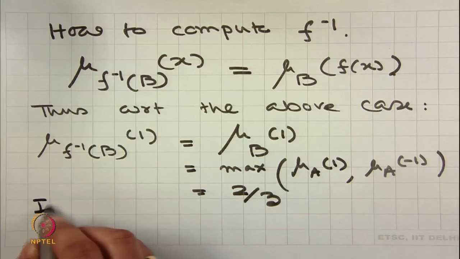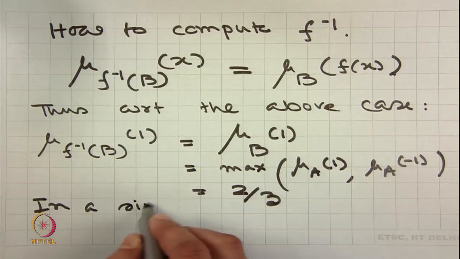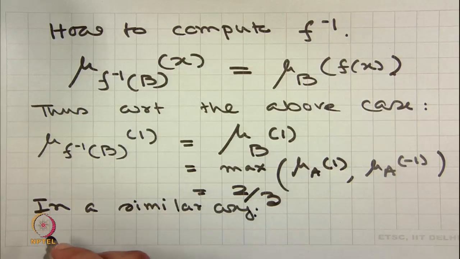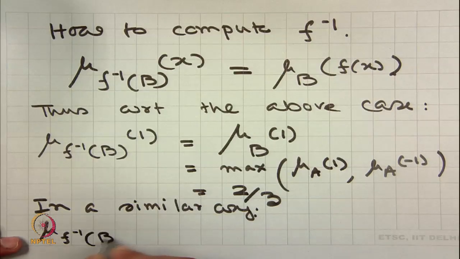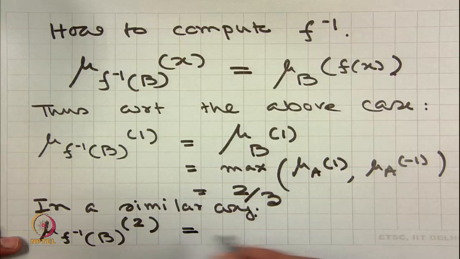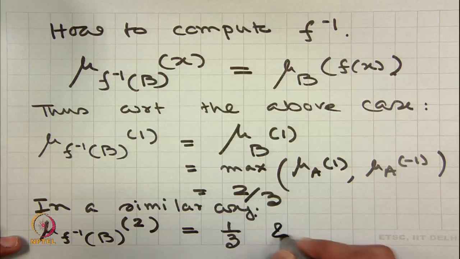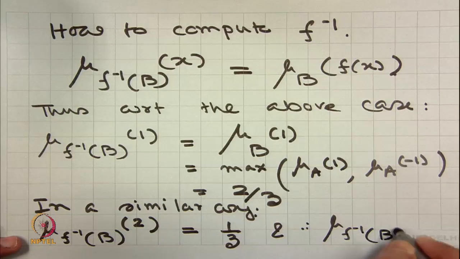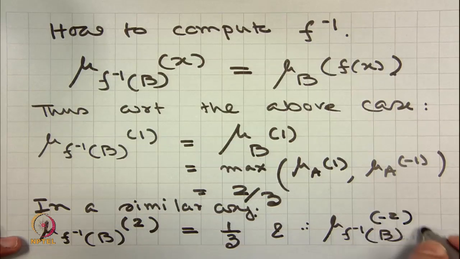In a similar way, mu F inverse B of 2 is equal to 1/3, and therefore, mu F inverse B of -2 is also 1/3.